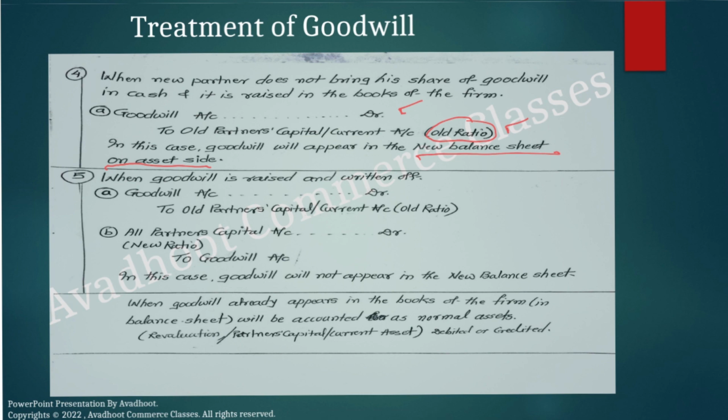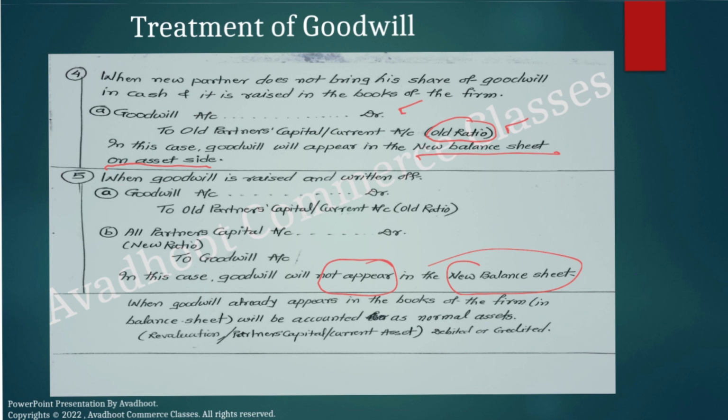The last case is when goodwill is raised and written off. Whenever it is written off, it means it is not going to appear in the balance sheet. Which balance sheet? The new balance sheet, that is the balance sheet prepared after the admission of the partner.